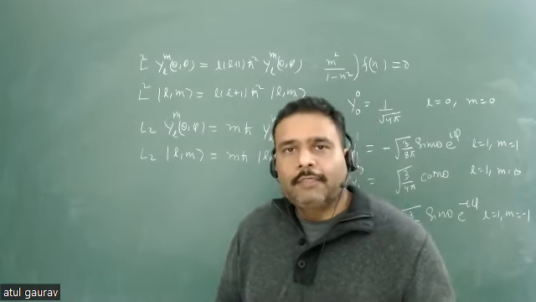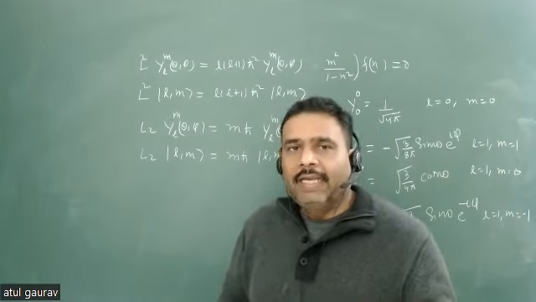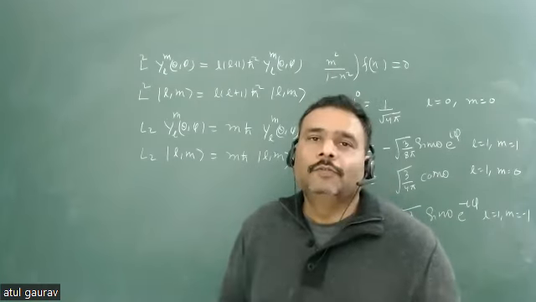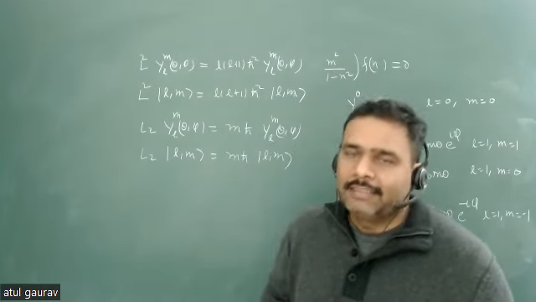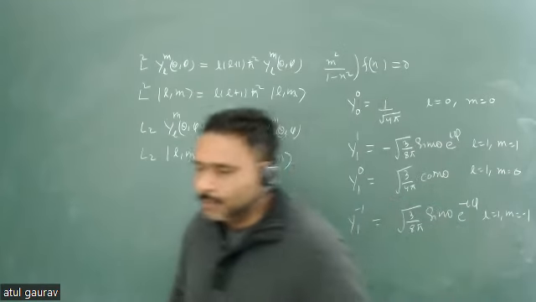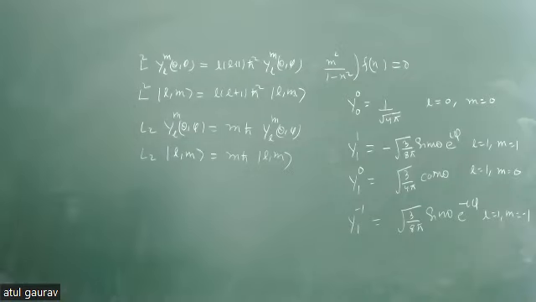But I am interested to find what is the Lx and Ly. So the answer is, let's come to a next analysis that is known as what? Ladder operator. Okay, so let's come to ladder operator. यहाँ तक clear है ये? Okay.